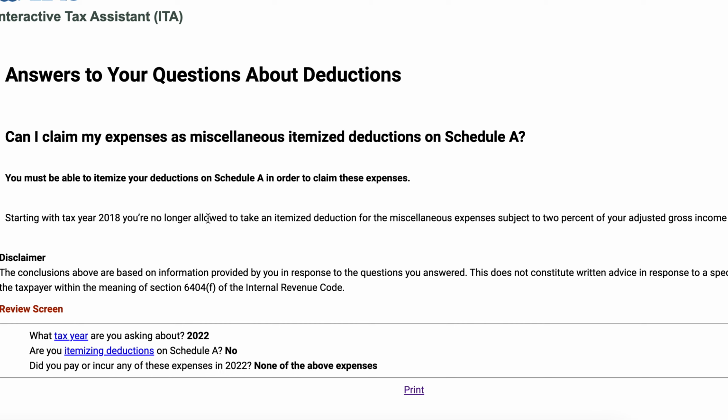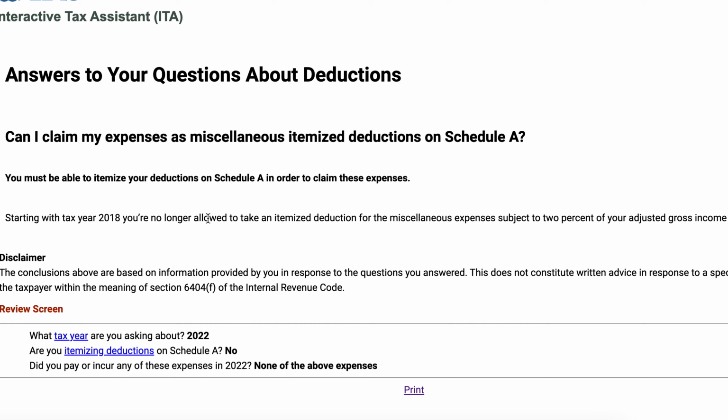So if your AGI was $100,000, then your miscellaneous expenses had to add up to more than $2,000, and you could only take the difference. So if you had miscellaneous expenses of $3,000, you would subtract the $2,000 floor, and you would be able to deduct $1,000 on Schedule A.